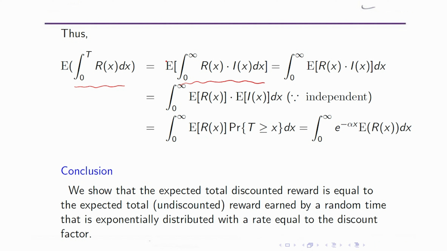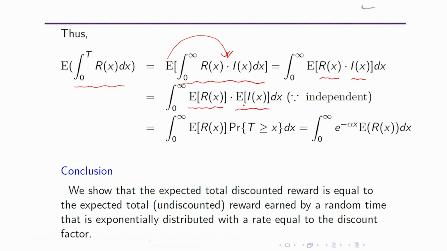Now we can move the expectation inside the integration. Because R(x) and I(x) are independent, the expectation of R(x) times I(x) can be separated as the expectation of R(x) times the expectation of I(x).